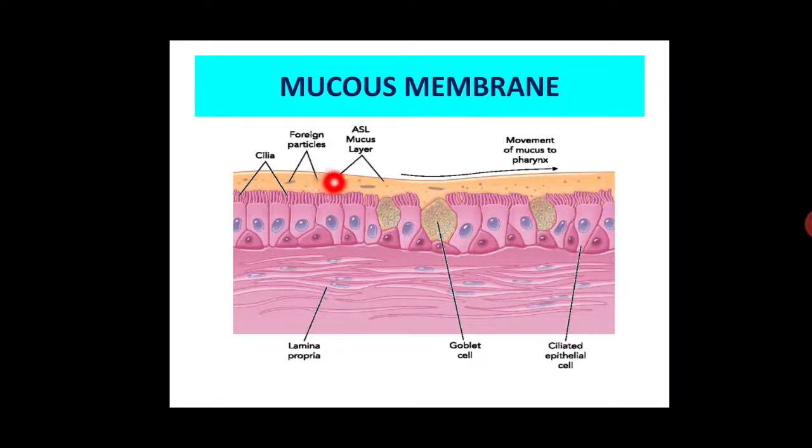Due to lack of nutrition and proper site of attachment, these foreign particles are washed away by the mucus. Thus, mucus secretion acts to wash away potential invaders and also contains antibacterial or antiviral substances.